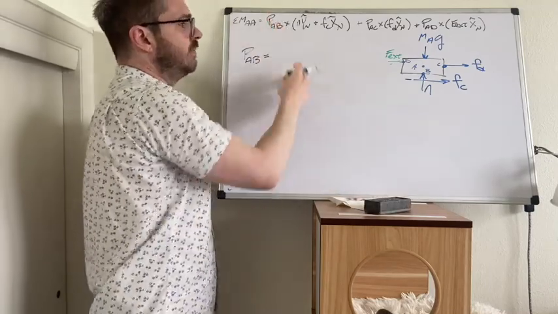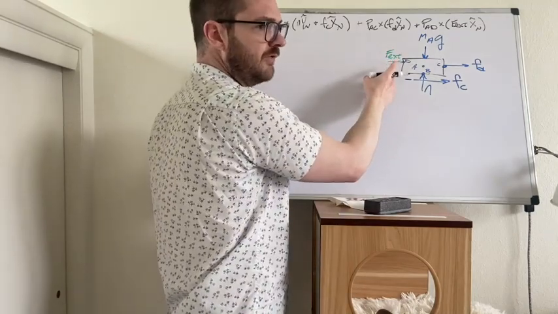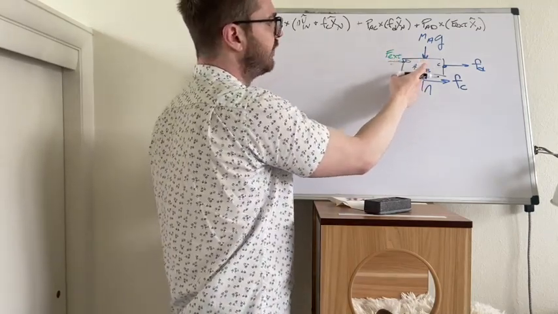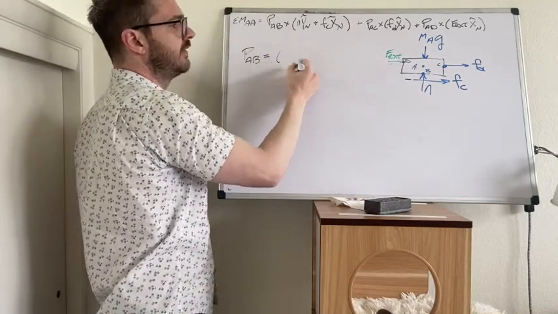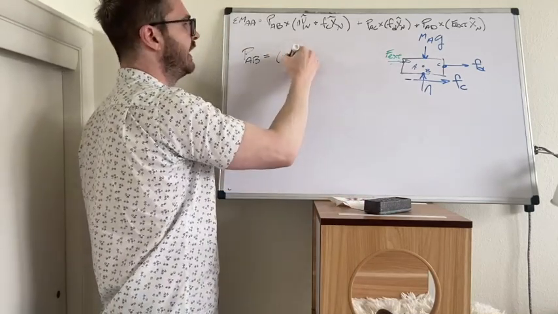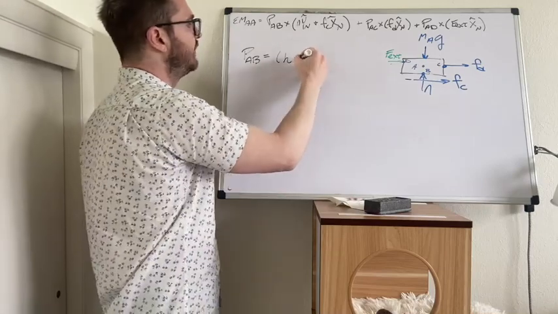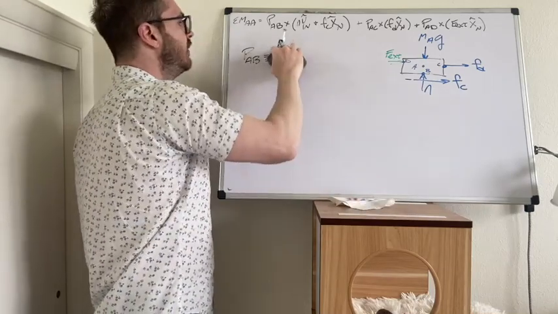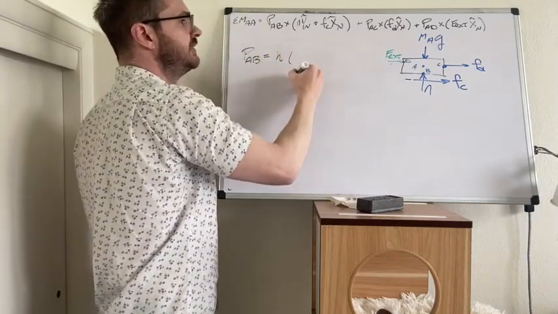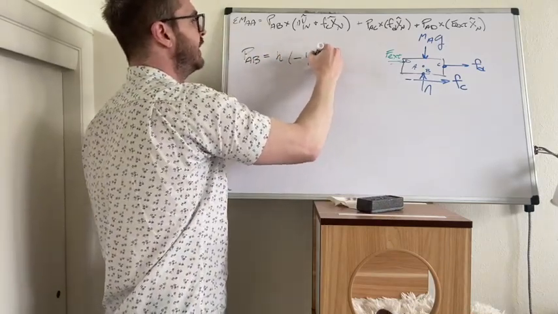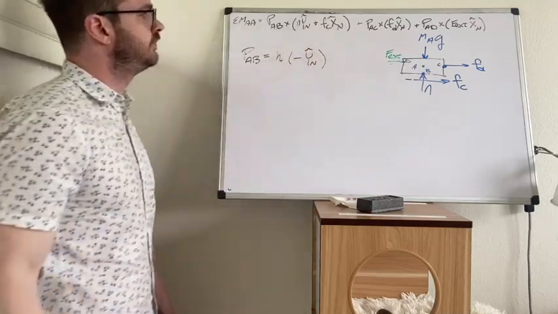So A to B. Here's A to B, right? A is the center of mass, B is this point on bottom. So it's some distance, we can call it H. It's H in the negative y hat n direction.